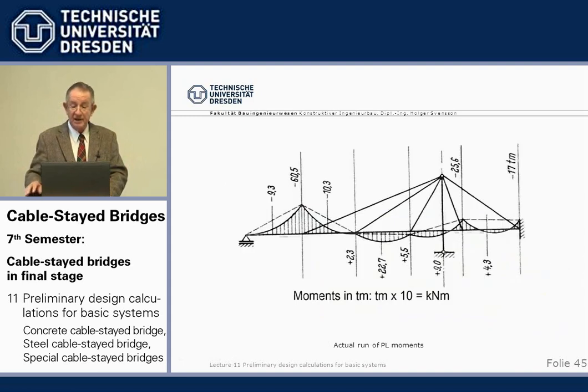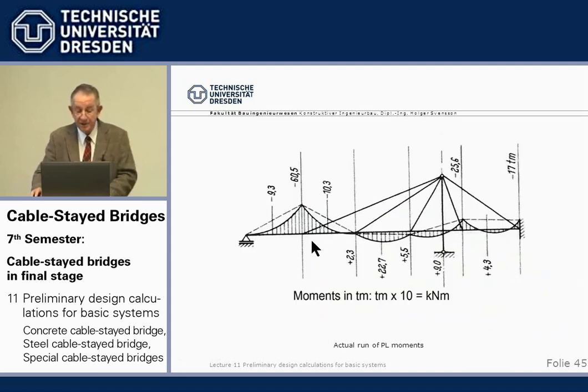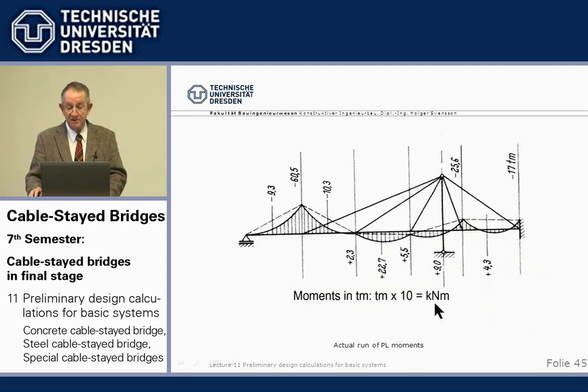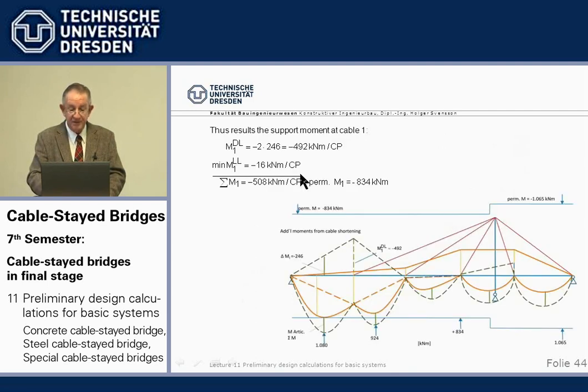So at the end of all this, we then had a run of moments that's still in ton meters. It's a calculation from 1960, which I used here. But still, this is the run of moments. You see, we went here to times 10 to minus 605 at that time. We had here, I said the 492, but there's some room to the 834, and about in the middle, finally, the run of moments was chosen.